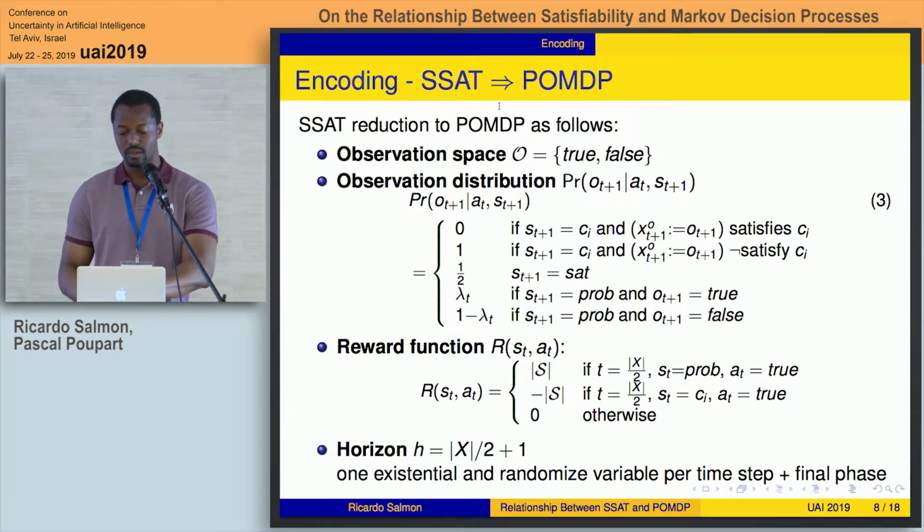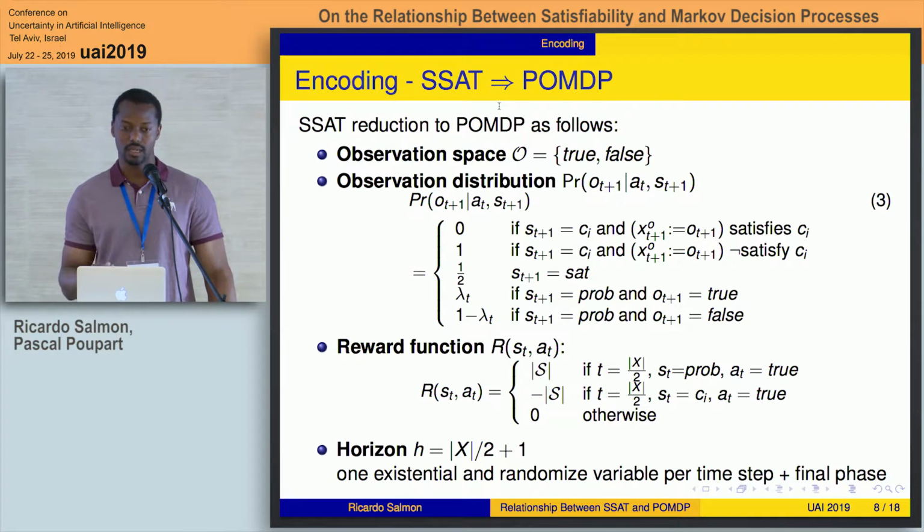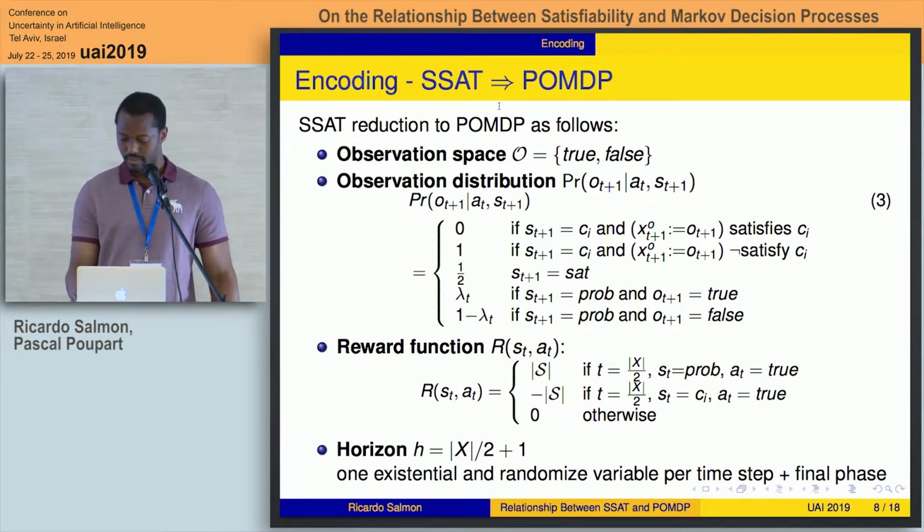And if any component of your belief is in the Ci state, that means the formula was not satisfied, and you get a negative reward, which you would then avoid by choosing the action At equals false and getting 0 reward. In general, the horizon is half the number of variables, because at each time step you assign an existential and a randomized variable.